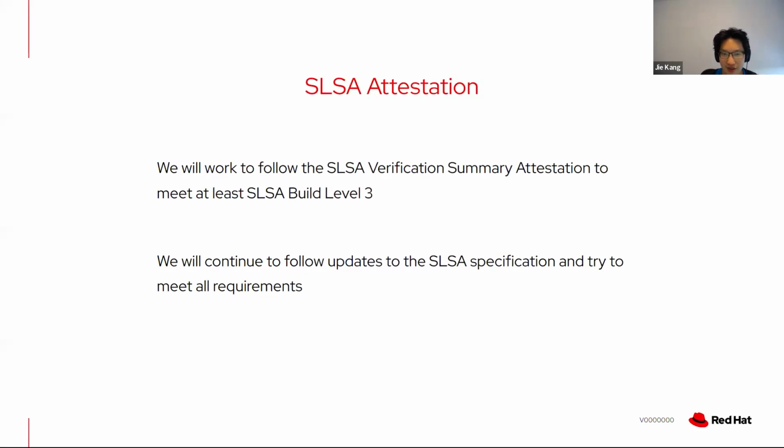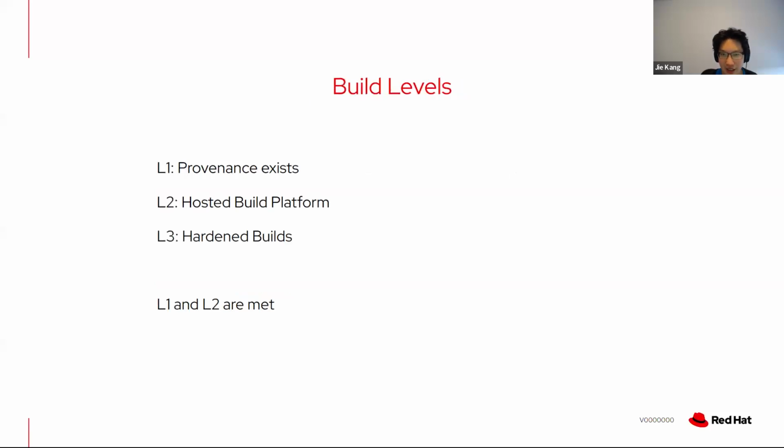Fortunately, in terms of what actually changed between SLSA levels 1 to 4 in version 0.1 and the new SLSA build track with levels 0 to 3, we are actually quite close to reaching build level 3 already. I don't think there is as much to do now as there was before for our project.